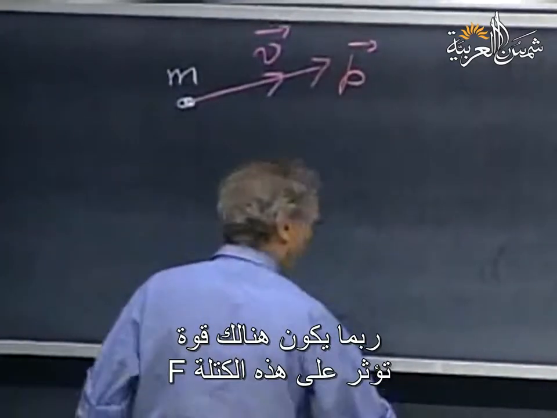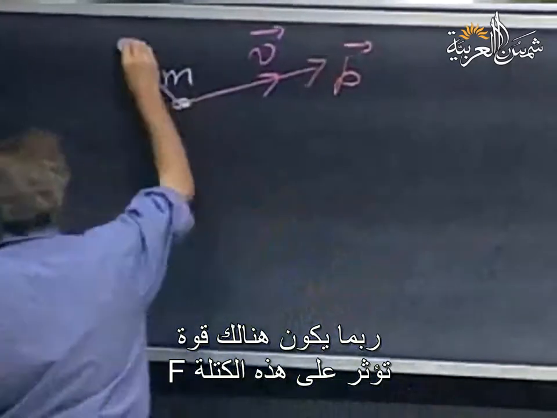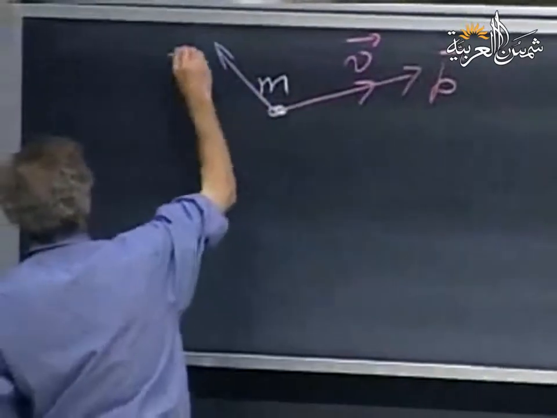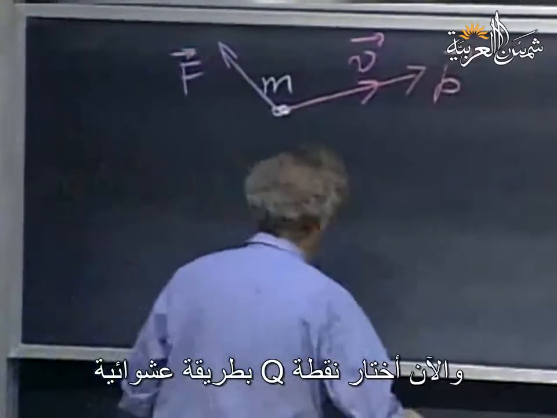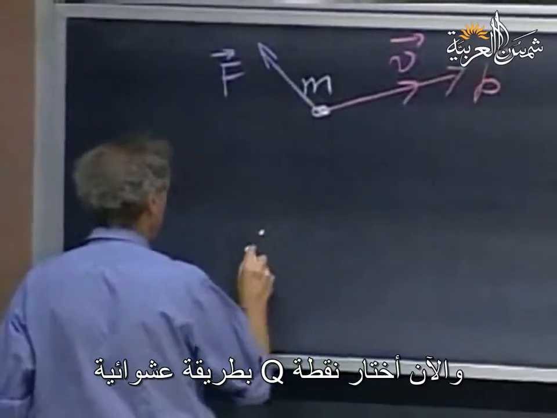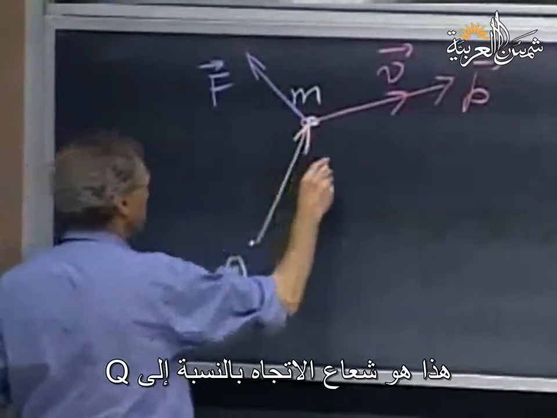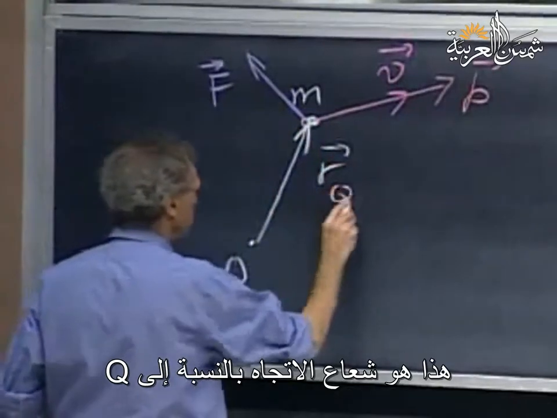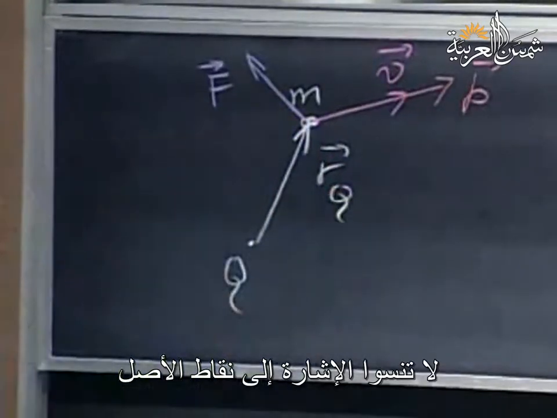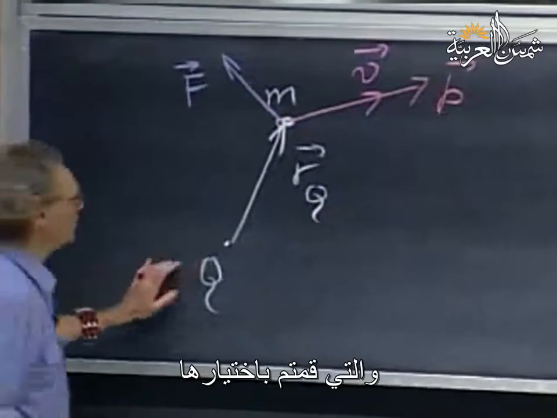There may be a force acting upon that mass, F, and now I choose a point Q at random. This is the position vector relative to Q. Never forget to indicate what the origin is that you have chosen.